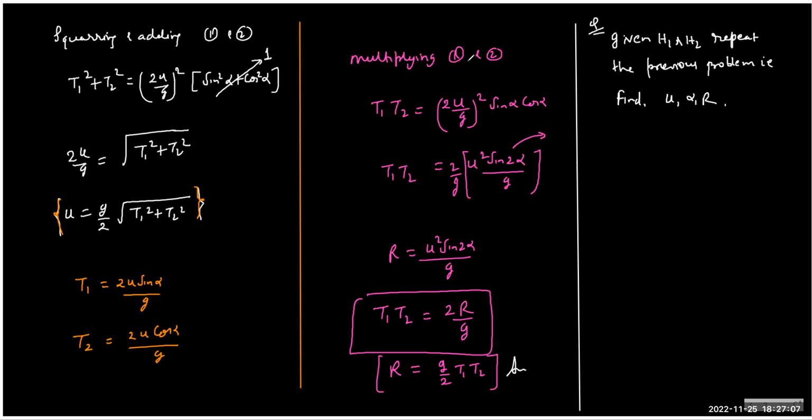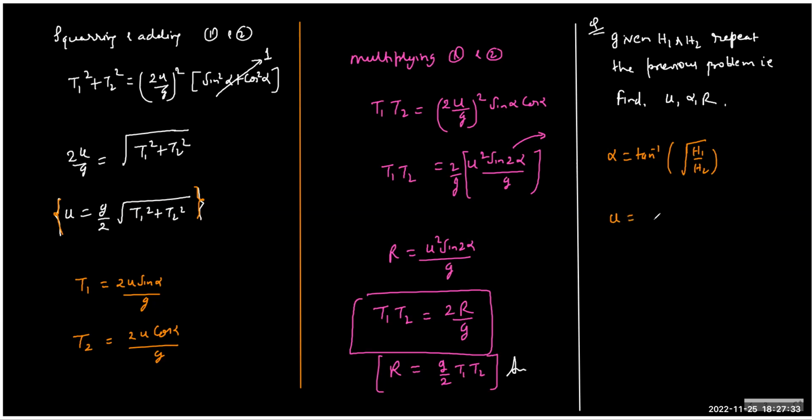Done, sir. Very good. So let's begin with alpha. Sir, it is tan inverse under root H1 by H2. Very good. That's correct. So the alpha answer is correct, tan inverse of root of H1 by H2. What about the U?